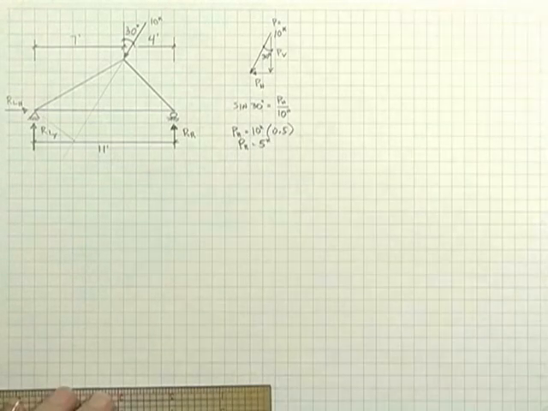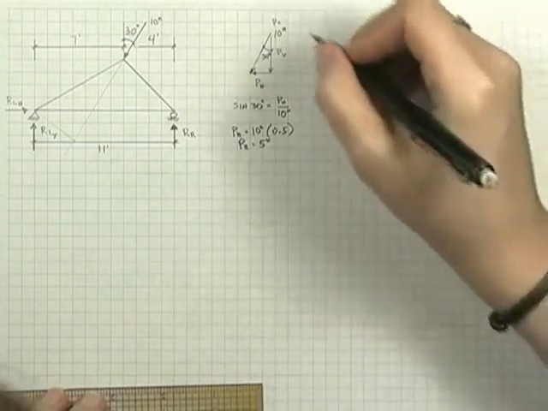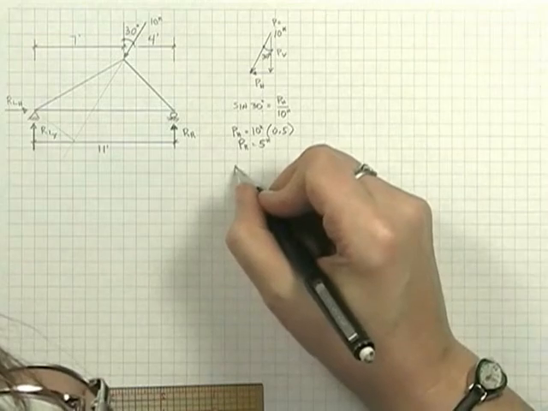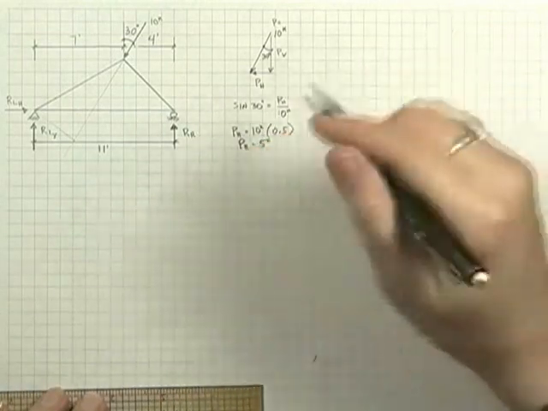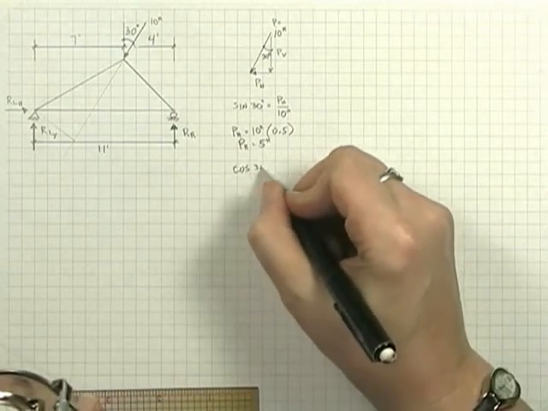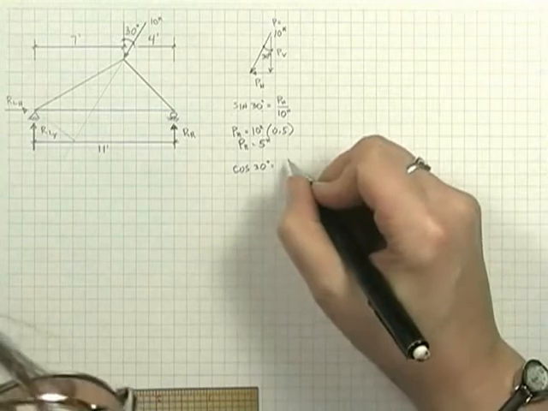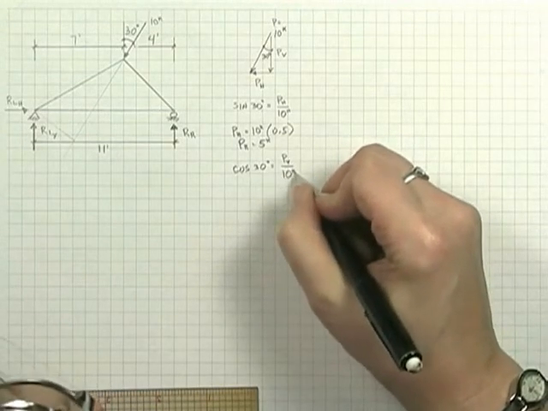The vertical component we find similarly. By taking the cosine of the angle, we know the cosine of 30 degrees is the vertical component, P vertical, over 10 kips.